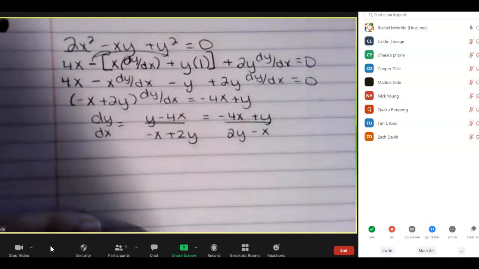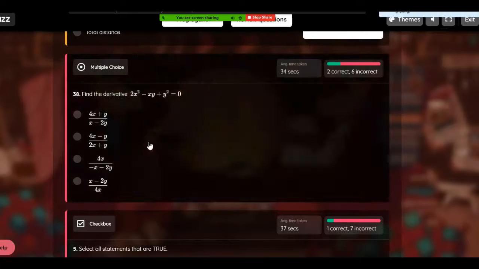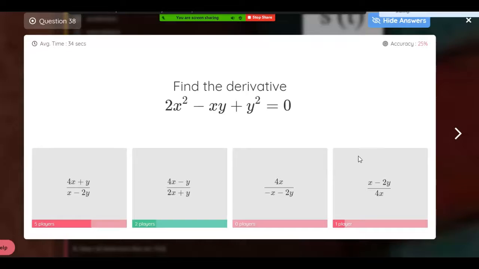So if we go back to our multiple choice options, what we'll notice is that it was the 4x minus y over 2x plus y.